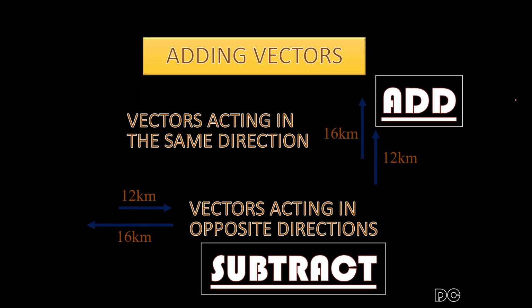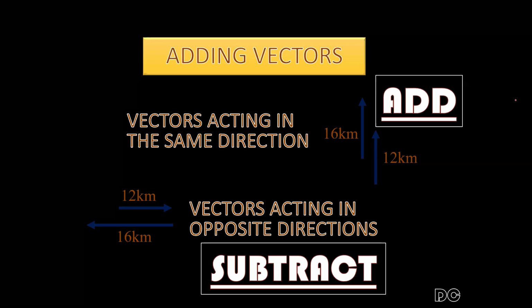So for example, in this case, 12 and 16, we subtract them. So it is equal to 4 kilometers. Since 16 kilometers is greater than 12, we follow the direction of 16 kilometers, which is going to the left. And take note, if we subtract two or more vectors, the answer should have the absolute value of its magnitude.